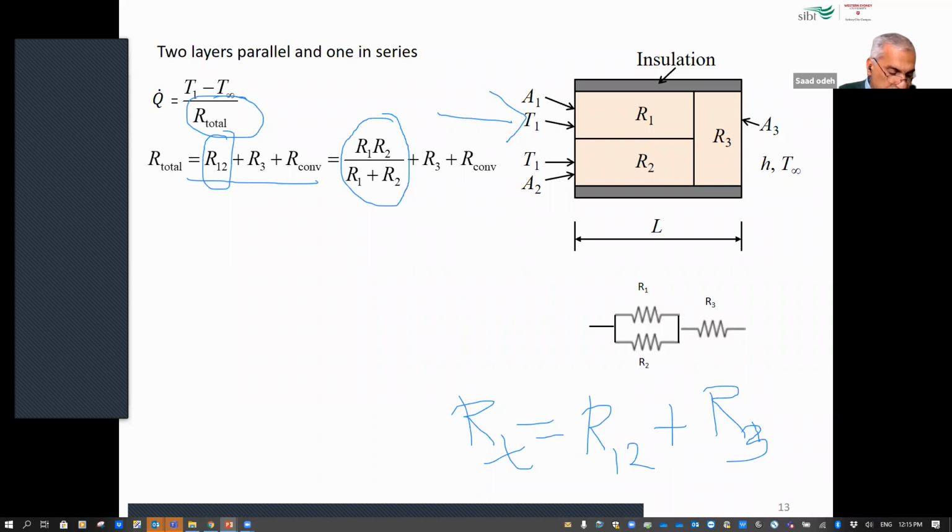I add to it R3, and if I want to continue to the outer surface, then I have to add R convection to the outside air. Okay, so that's actually possible also. If there is inside air and outside air, then I will do the same thing. I put R convection inside plus R convection outside, and then add the other R of the material of the wall. Any question?